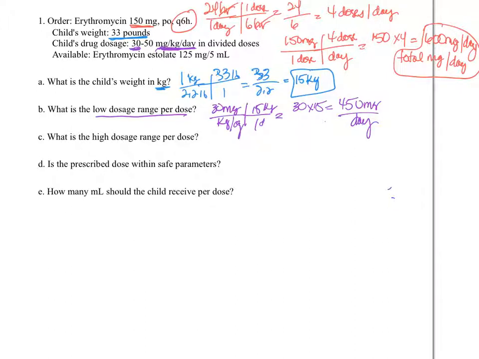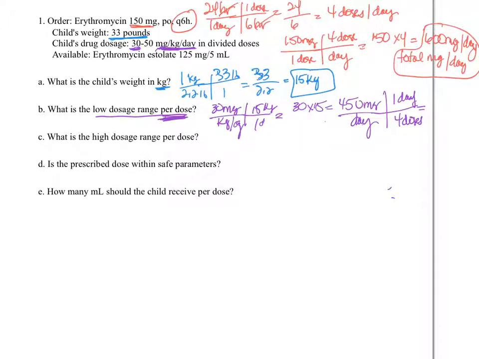But now we need the low dosage range per dose. We're looking per dose, not per day, so we're not done yet. We have 450 milligrams per day, and we have one day. In one day, we get 4 doses.